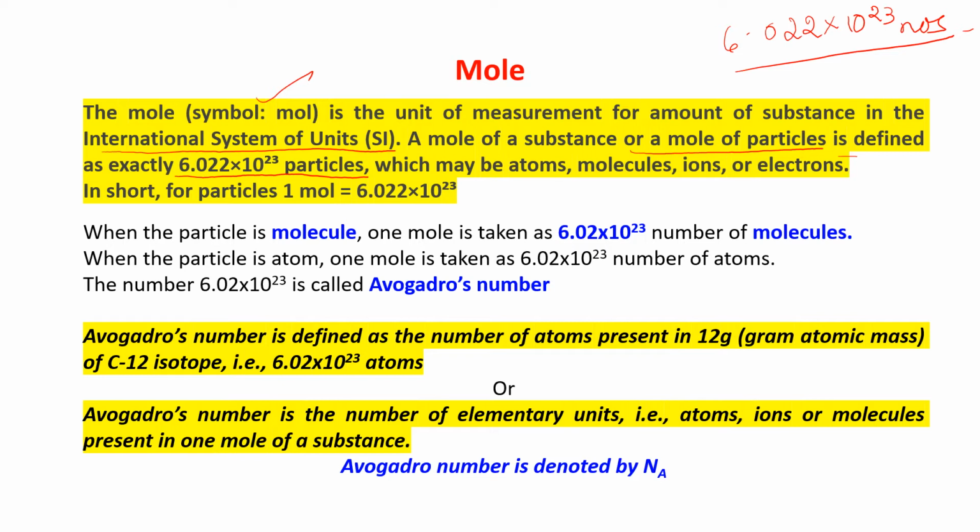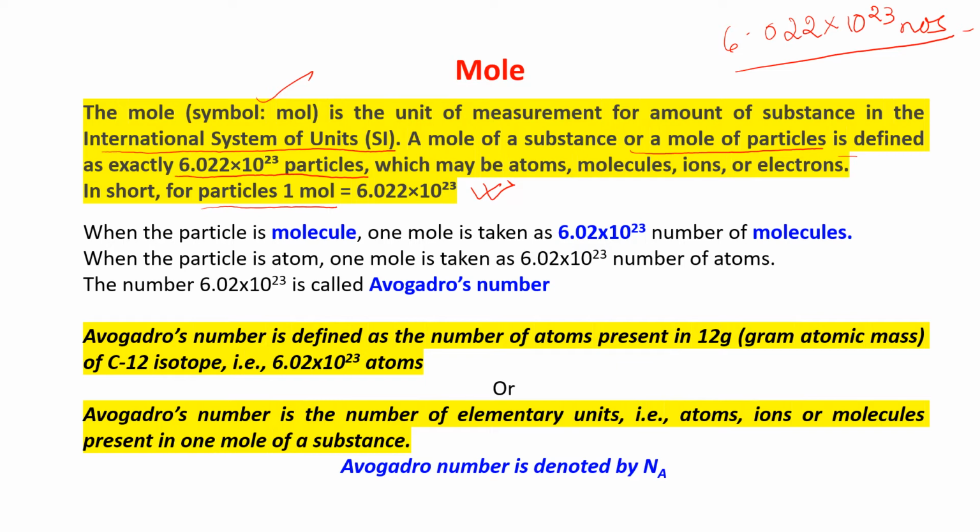Am I clear? Just compare this with 1 dozen. In chemistry we call this a mole, which has a particular number, 6.022 into 10 to the power 23 particles. These particles may be molecules, atoms, ions, or electrons. So for particles, 1 mole is 6.022 into 10 to the power 23 numbers.